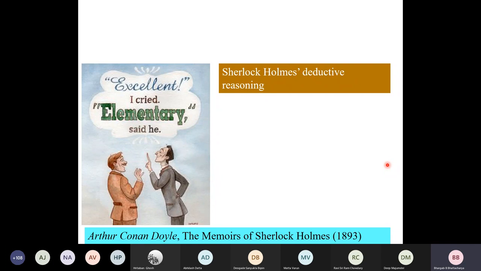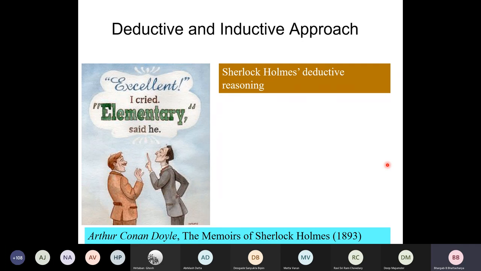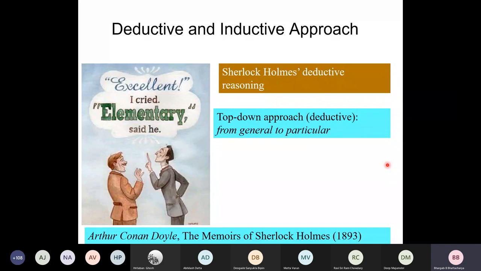If you go through Sherlock Holmes' novels and stories, you would find the strong application of what is called deductive reasoning. And in logic, as you are already aware, we have two types of approach: the deductive approach and the inductive approach. What is the deductive approach? This is essentially a top-down approach, from general to particular.